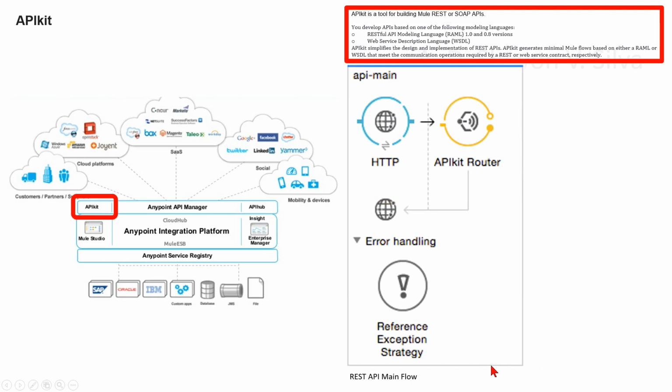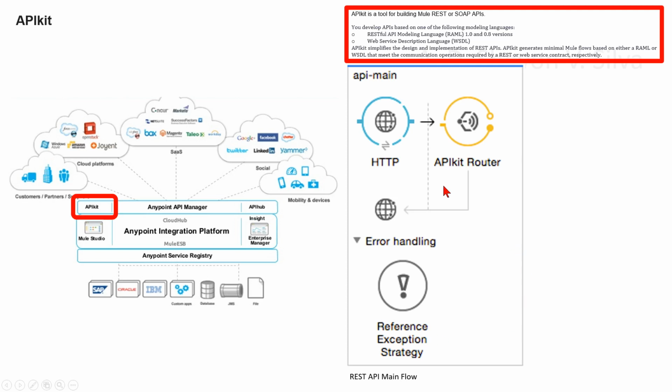Here you can see a REST API main flow. The main flow for a RAML based API manages these functions: exposes the API using HTTP or Jetty, routes requests between the interface and the backend flows based on the HTTP request, and routes reference exception strategies that produce HTTP status code responses.